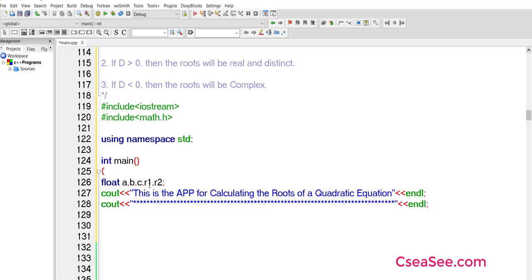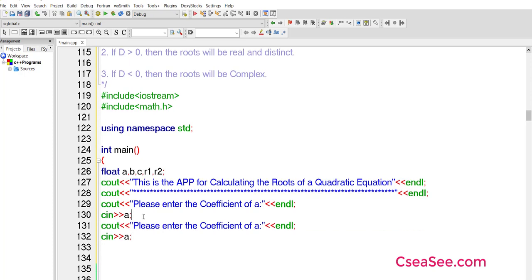Okay, so now let's get the input. cout, please enter the coefficient of A. Okay, so from here the coefficient of A is obtained. I will copy this up and then paste it here.